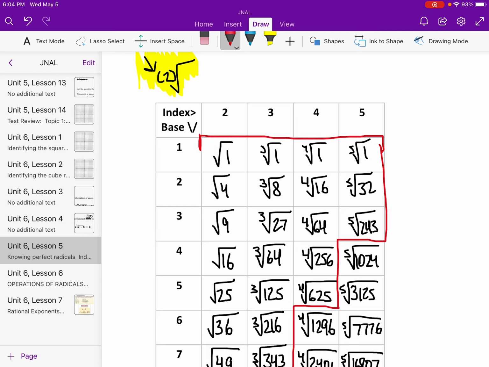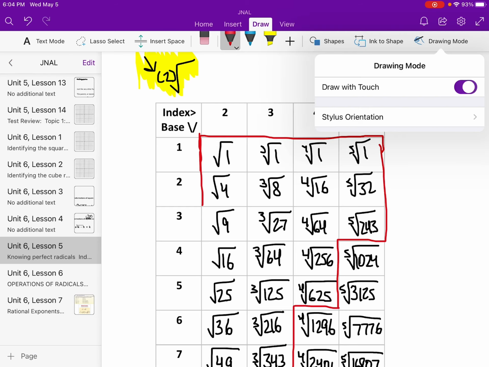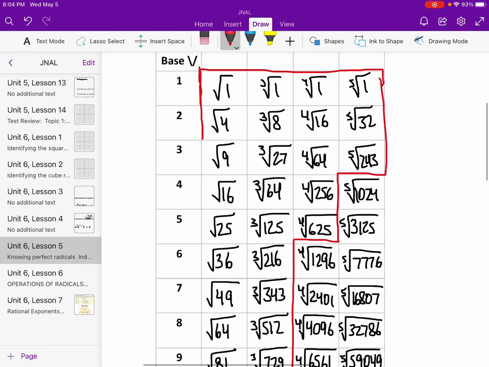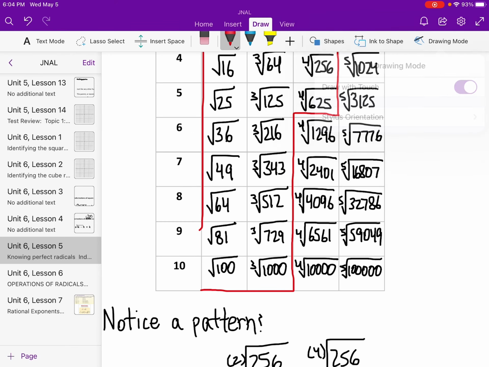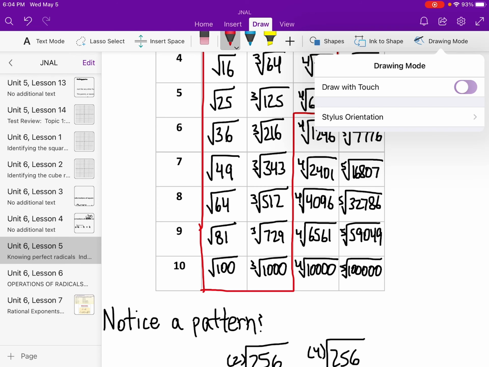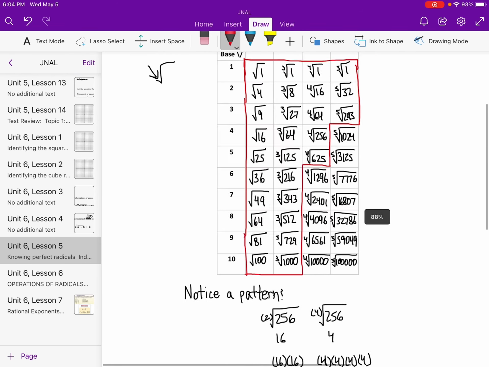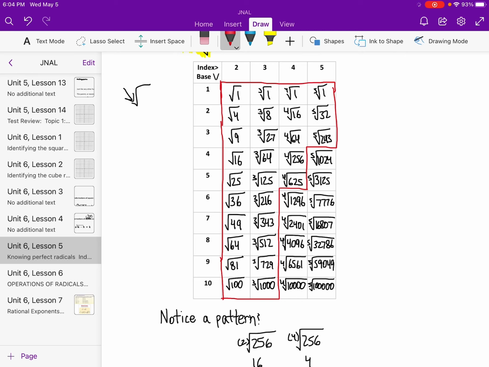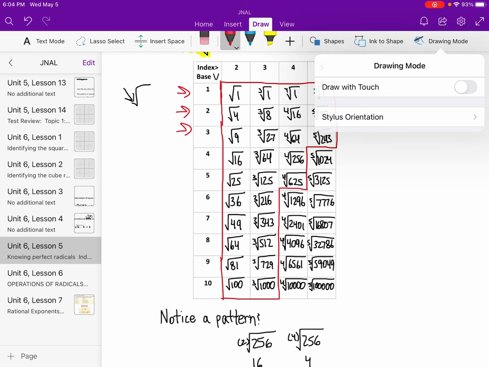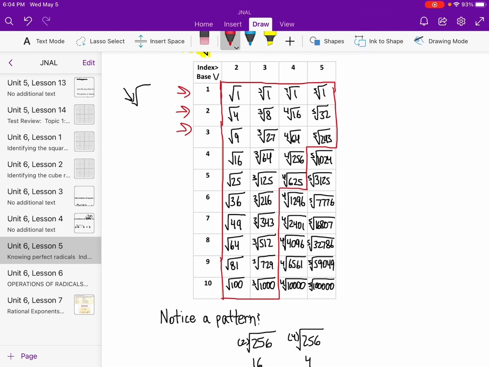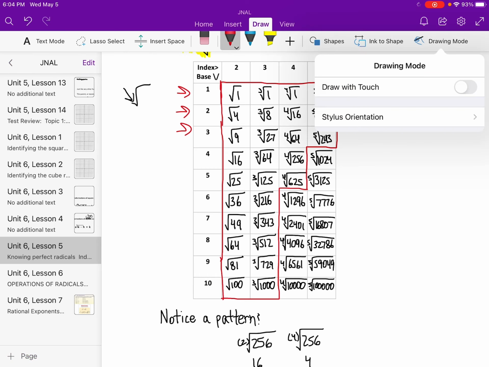It's just a suggestion. It would make things easier because you need to be able to know which things you can take roots of. Especially the ones that are 1's, 2's, and 3's on these rows are the most helpful to know. You'll see what I'm talking about later on.